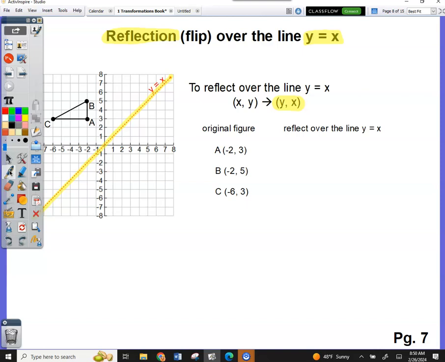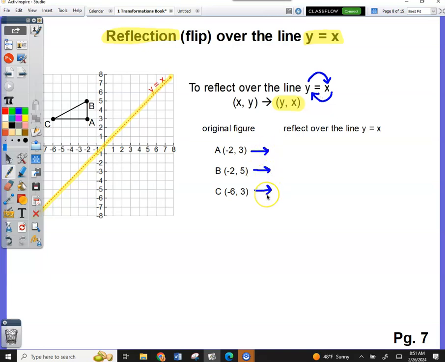You with me? If I tell you reflect over the line y equals x, that means y becomes x and x becomes y, which will help me remember to take the points and just swap them. If you'll draw these arrows, I promise it's going to help you remember to just take the coordinate numbers and flip them. All right?